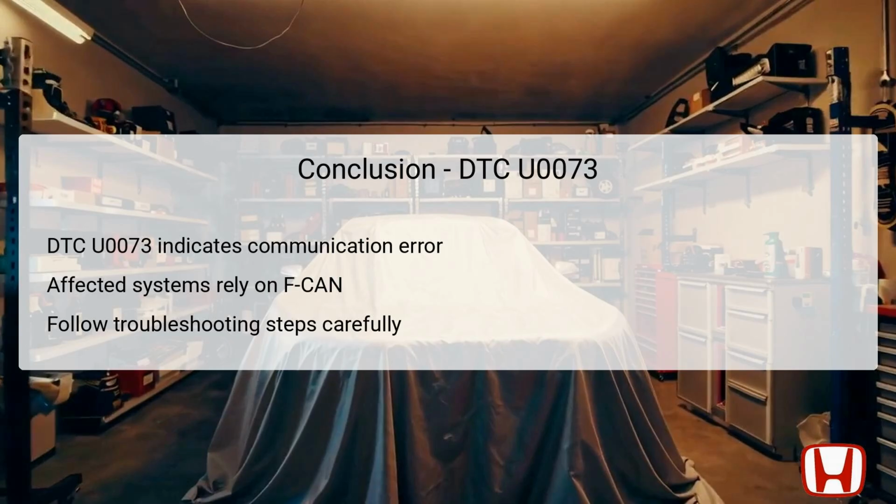Following a systematic troubleshooting approach ensures that you can diagnose the problem effectively and apply the appropriate repair measures. Addressing both the immediate error and implementing preventive maintenance procedures will help maintain the vehicle's electronic integrity. Always remember to recheck DTCs after repairs to confirm the effectiveness of the solutions applied.